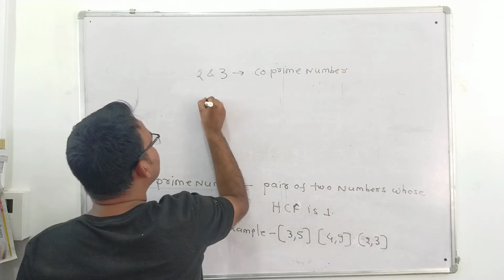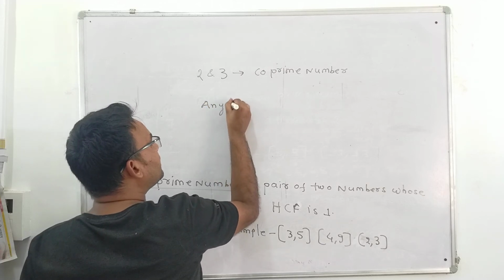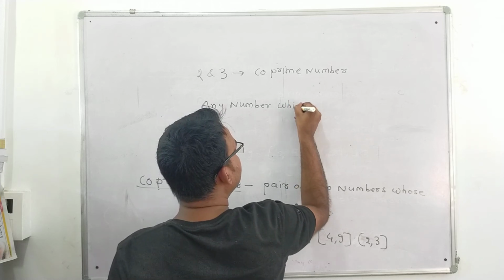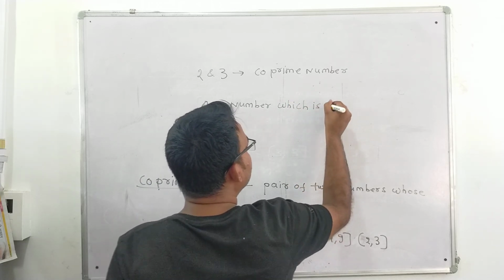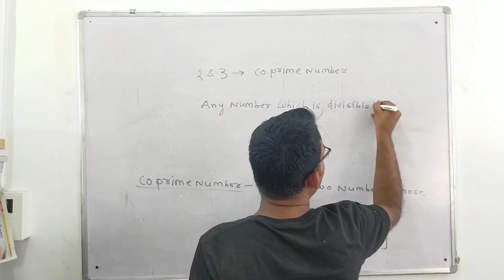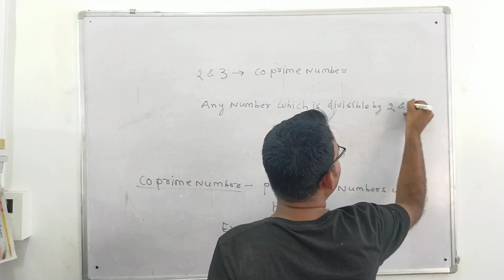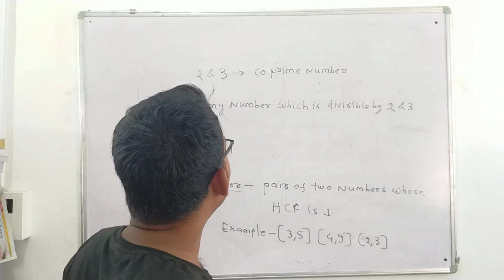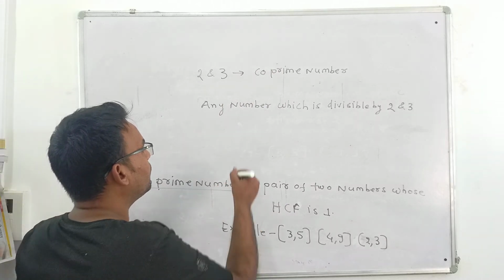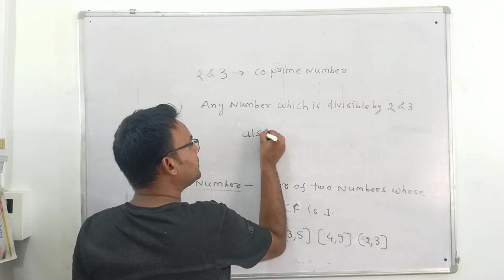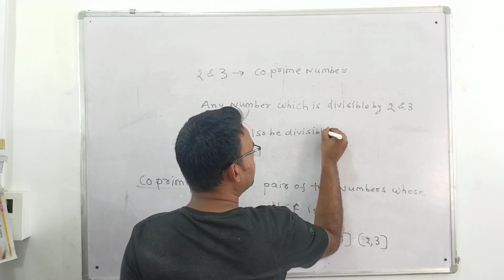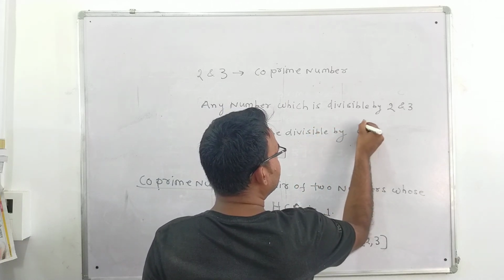That means any number which is divisible by 2 and 3 is also divisible by 6.